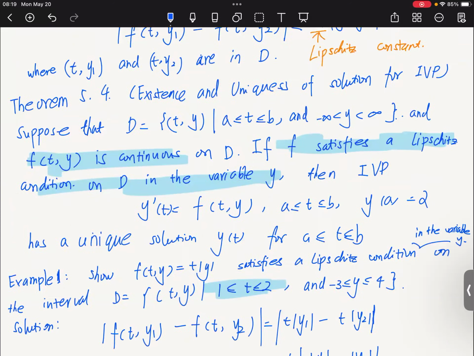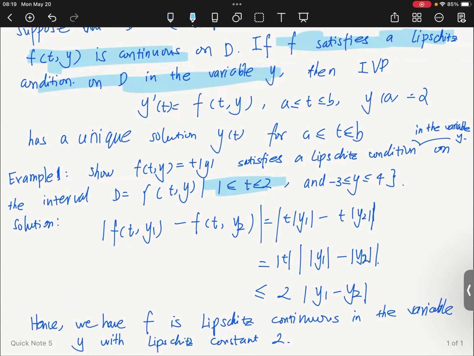So this is one example of how to show the function satisfies the Lipschitz condition.